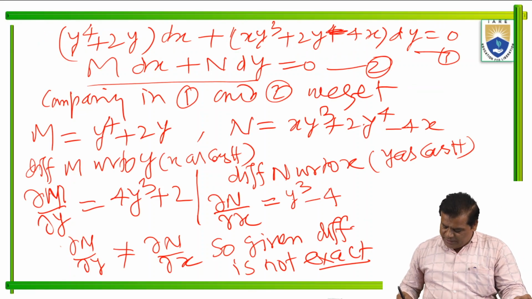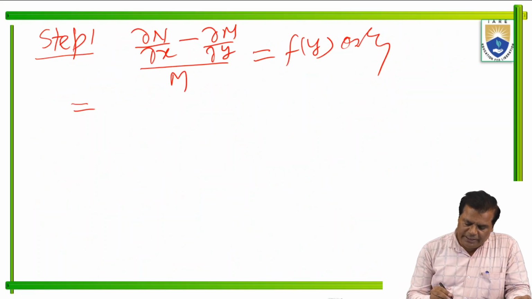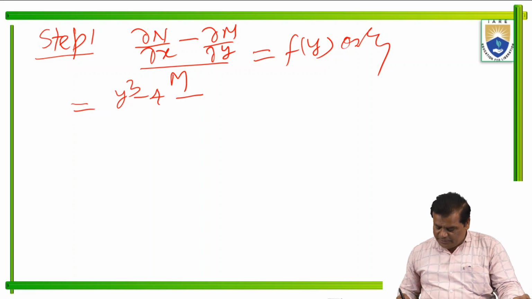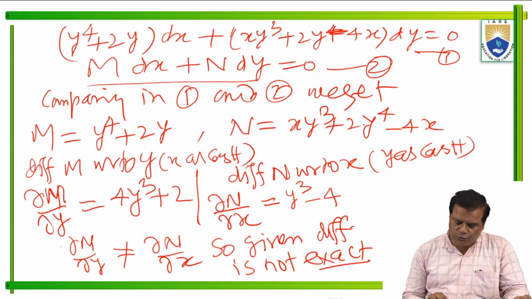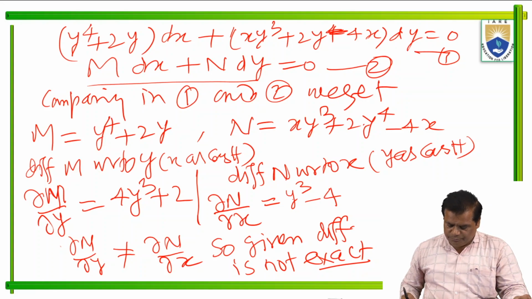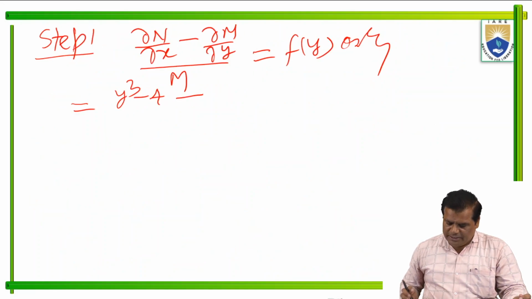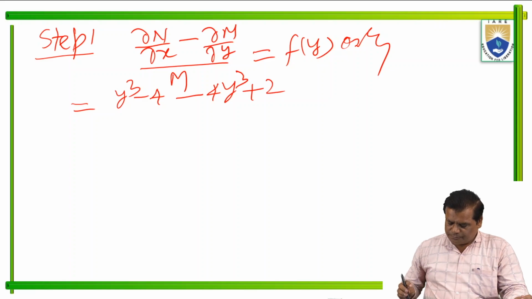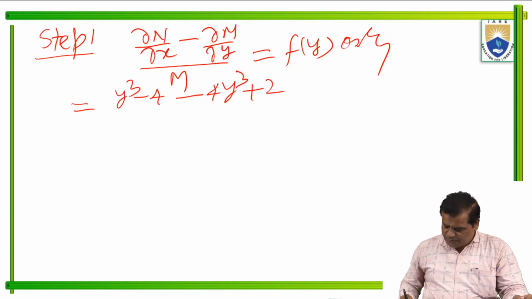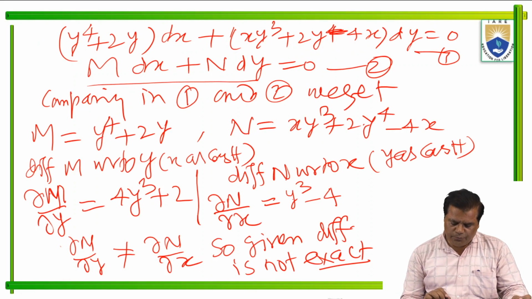It is y^3 minus 4. Minus del M over del y, which is 4y^3 plus 2. So y^3 minus 4 minus 4y^3 minus 2.